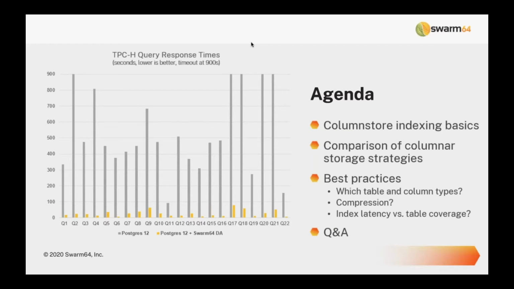We will start with a quick primer on Columnstore indexing basics, and then I'll turn it over to Sebastian, who'll talk about best practices, the best scenarios to use Columnstore indexing, and how to optimize compression, latency, index latency, and table coverage to provide the best performance. We will conclude with Q&A.